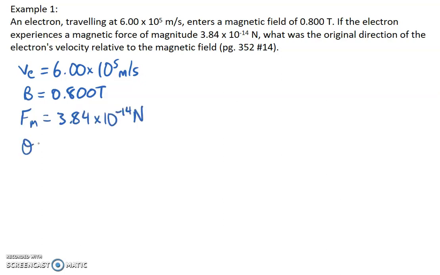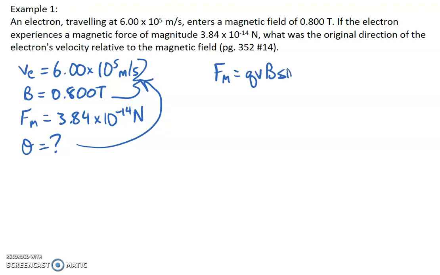What we're after here is the angle between them, and the angle is always in relation to the speed of the particle versus the magnetic field. So let's set this up. We know that the force is equal to QVB sine theta, and then it's just a matter of rearranging this for theta. So F_M divided by QVB.